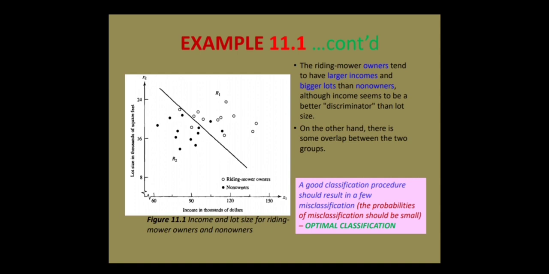Because if we look here, from the income we can be more confident that riding mower owners have a larger income than the non-owners of the mower. But there is some overlap between the two groups, which is in this plot here.